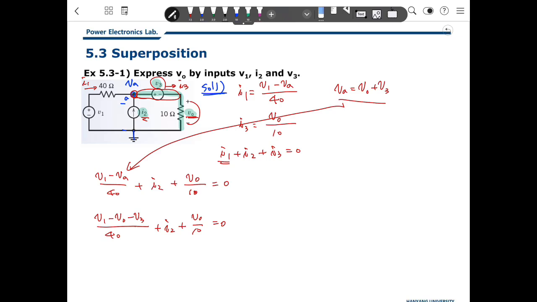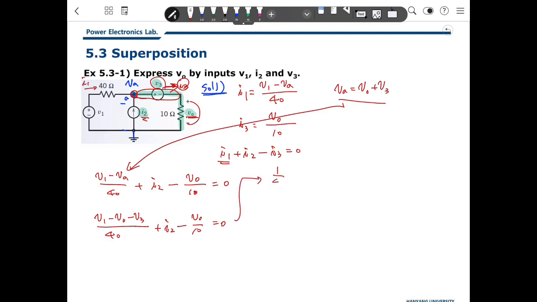Oh, it's long, I'm sorry. This is not plus, this is minus, because I3 is addition here. So there is minus, and there is minus here.